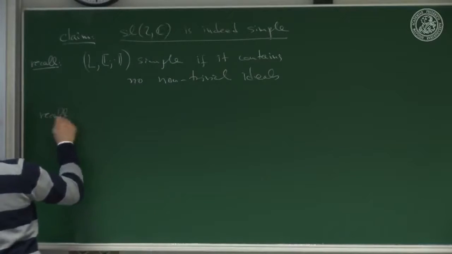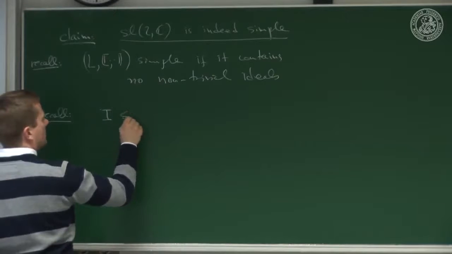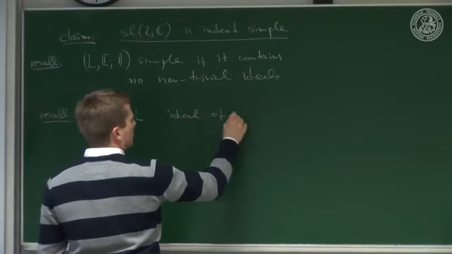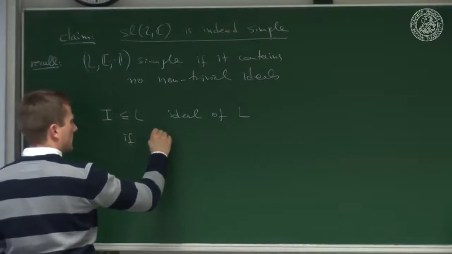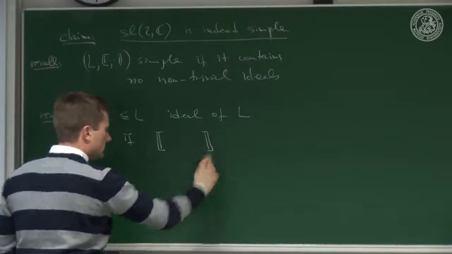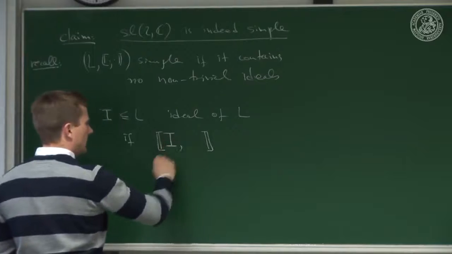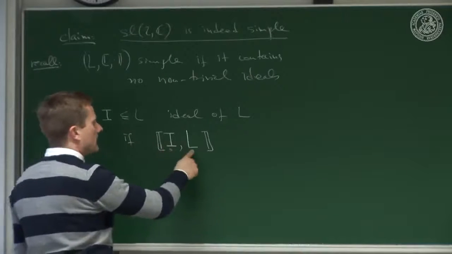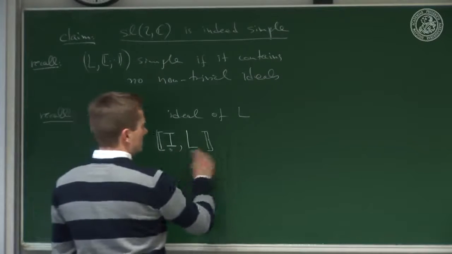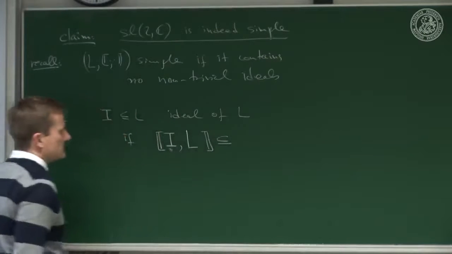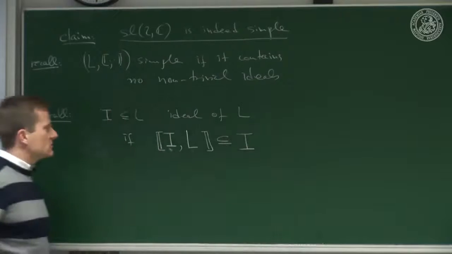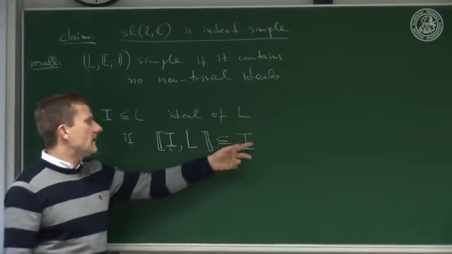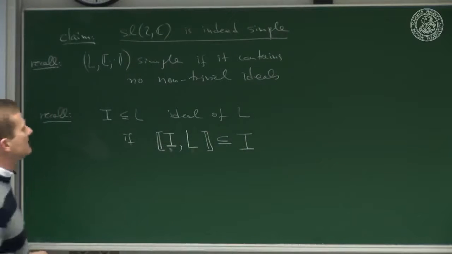So we also recall I being a vector subspace of L is an ideal of the Lie algebra L if, now this is a symbolic notation, if you take any element of L and you take the bracket with any element of I, the bracket with any arbitrary element of L, so that's obviously a set if I denote it like this, and if the result again lies in I. So if the elements in I are so strong, you can think that even if bracketed with an L, you do not land outside I. You stay within I. That's an ideal.